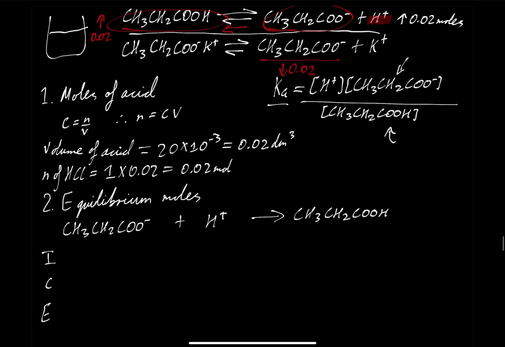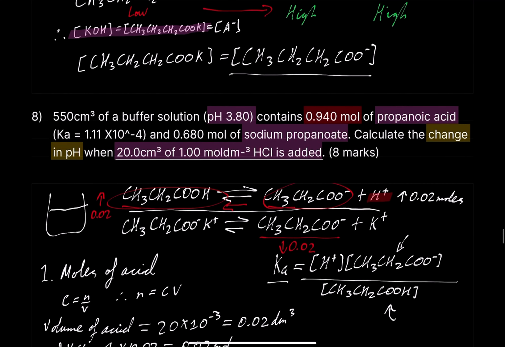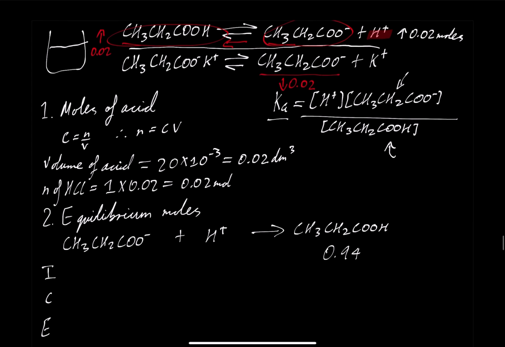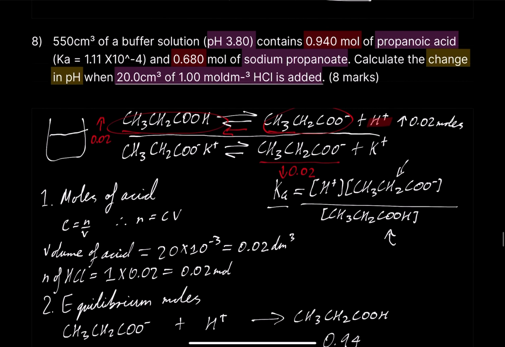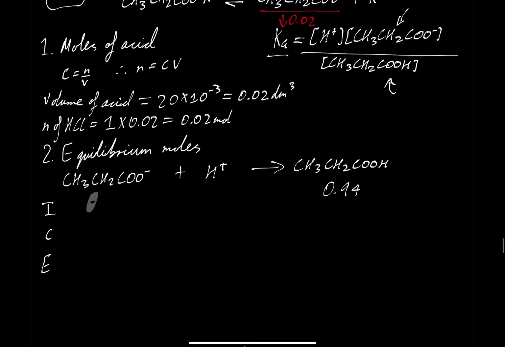So that's our initial moles of propanoic acid, 0.94 moles. And they tell us as well that we have 0.68 moles of sodium propanoate. But we know sodium propanoate fully dissociates in solution to give us our propanoate ions and our K plus. So we can assume that we have 0.68 moles of propanoate.